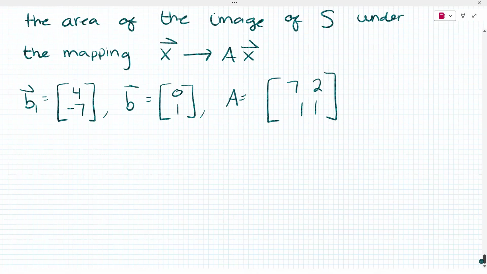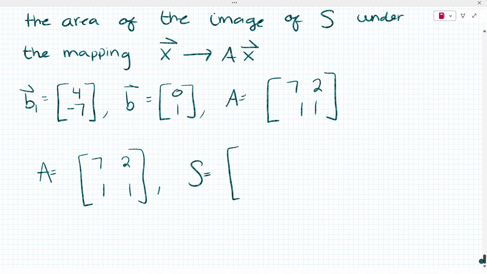Okay, so what we have to do is first find A, which is 7, 1, 2, 1. And S is basically b1 and b2, so that would be 4, -7 and 0, 1. We need to find the determinant of A, which is pretty simple because it's a 2 by 2.